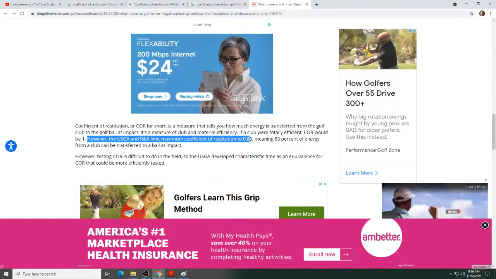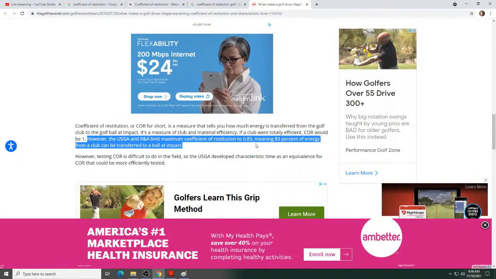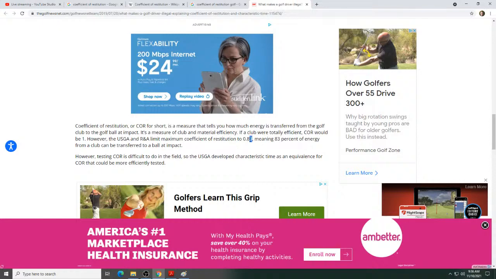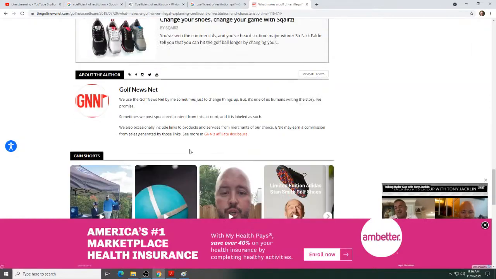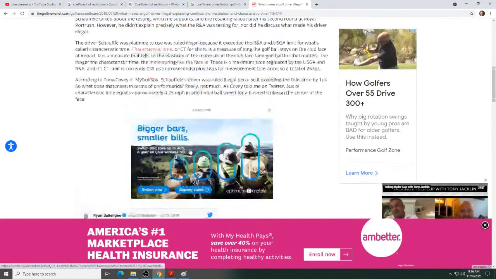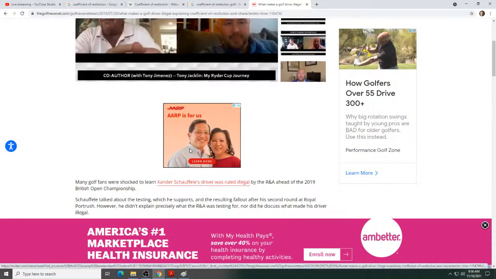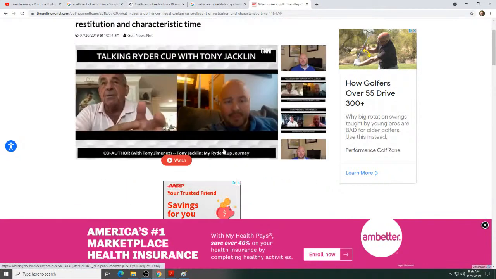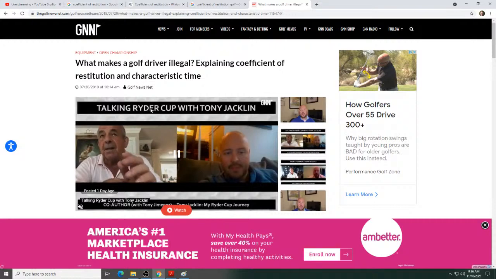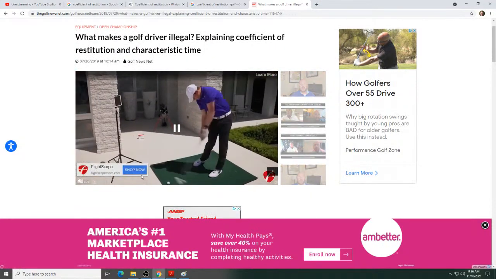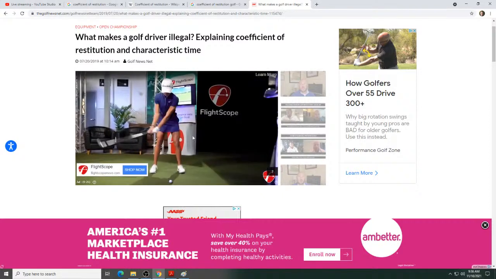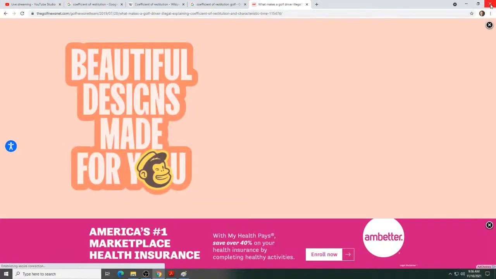They have a maximum coefficient of restitution of 0.83. And I guess if it's too high, it's ruled illegal. And maybe what we'll do is come back and look at the implications of too high, what happens here. And here's a guy, some sort of video. So if you want to look at that, I'd say look at that, but I'm going to draw this to a close.